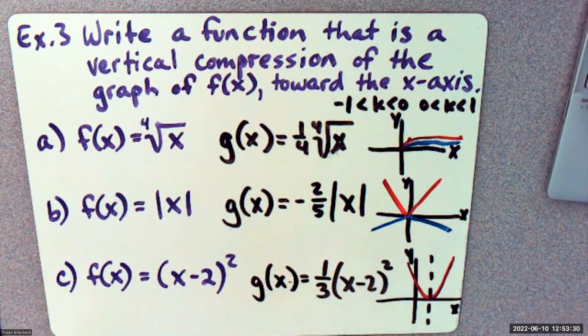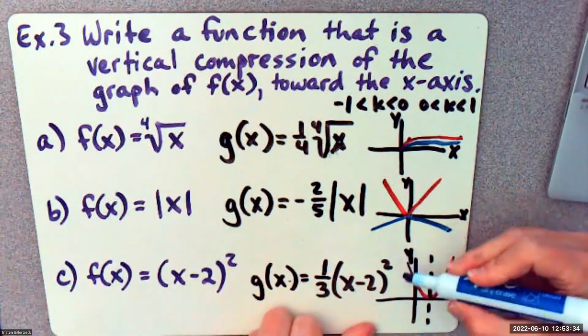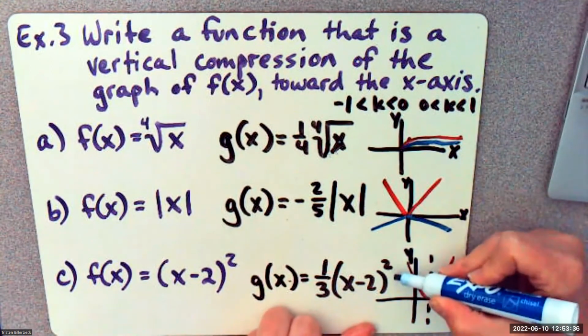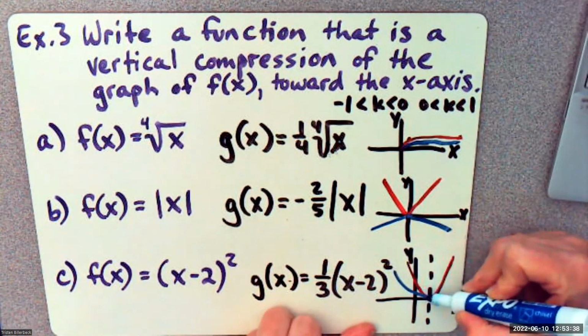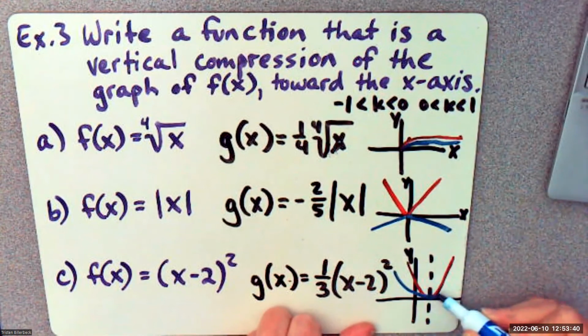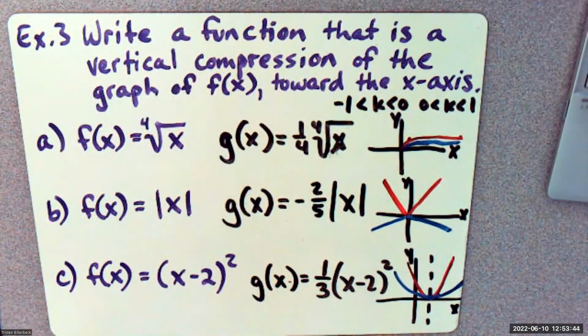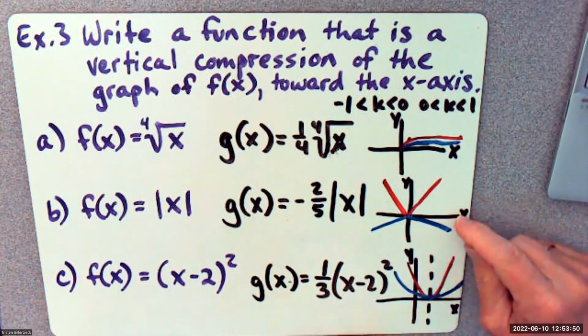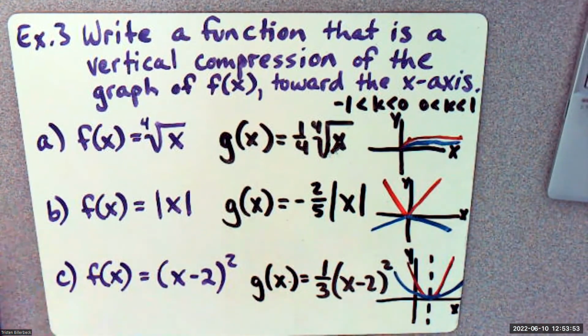Okay, and then we are going to make it, I call it the wilting rose. It's going to wilt more toward the x-axis. And this is what a vertical compression looks like. So it compresses closer to the x-axis in all these cases.